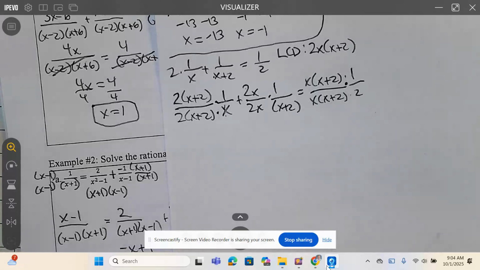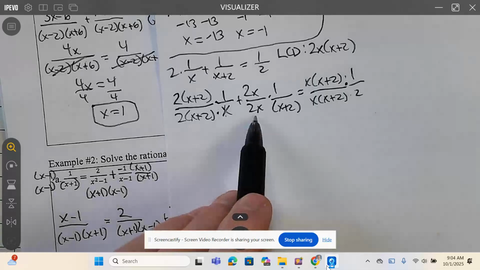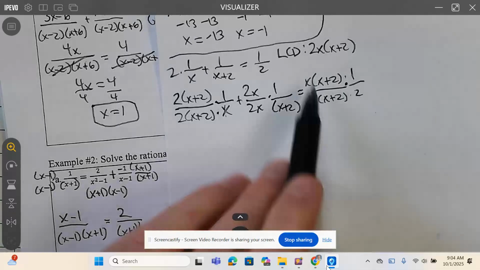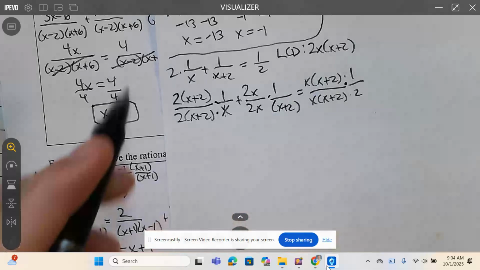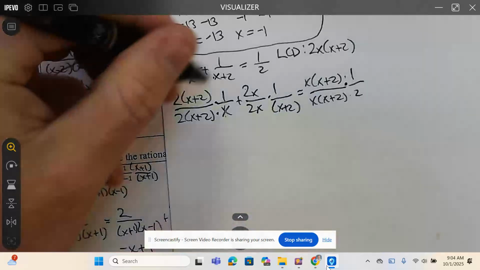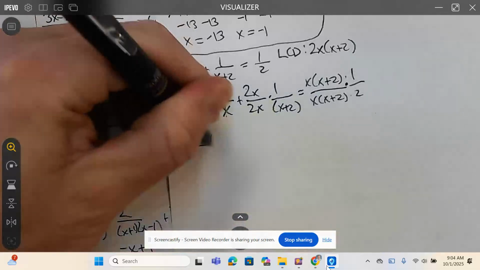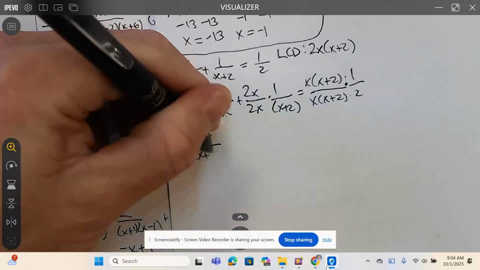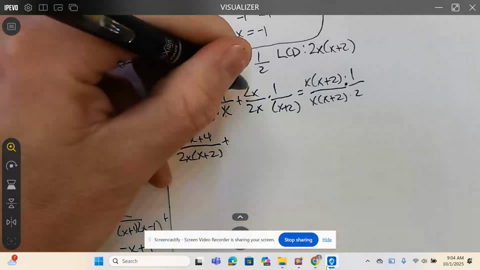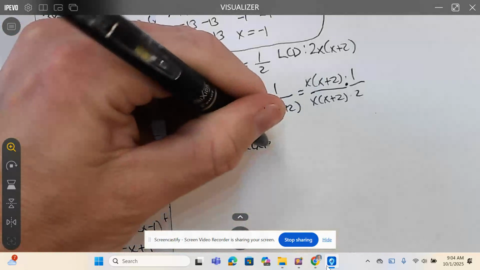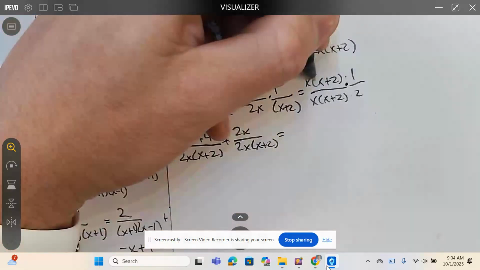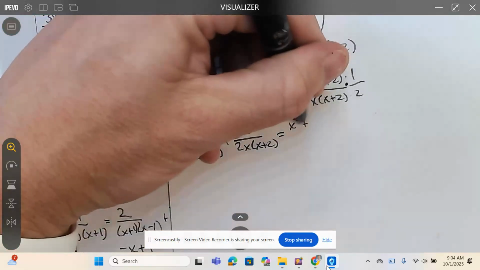So this one needed a 2 and an x plus 2. This one needed a 2x because it had the x plus 2. This one had the 2, but it needed the x plus 2. 2x times x plus 2. I'm just going to distribute the 2x plus 4. 2x, x plus 2. This one's just 2x. 2x, x plus 2. This one's x squared plus 2x.